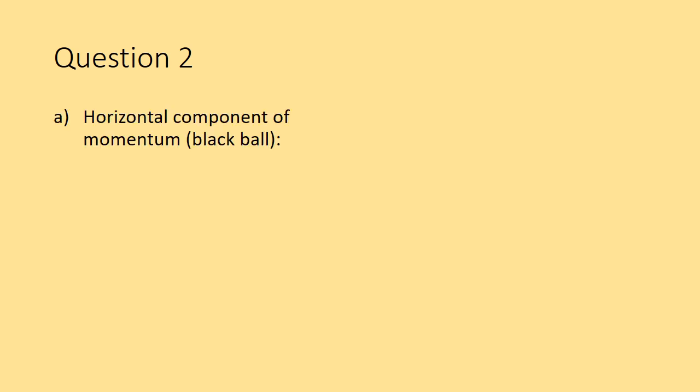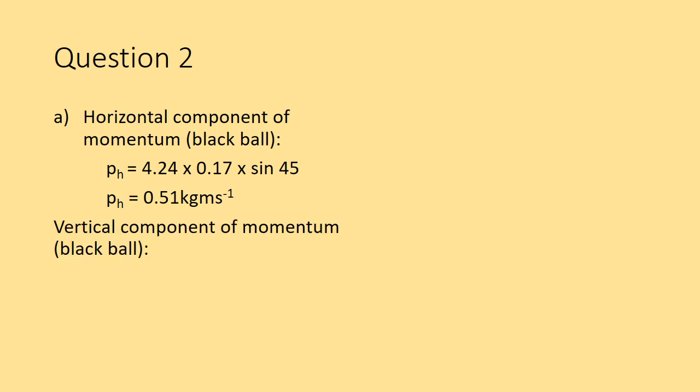The first thing to do is break down the components of the momentum of the black ball. So let's start with the horizontal component. We know that momentum is 4.24, that's its velocity, multiplied by its mass, 0.17, multiplied by the sine of 45, because that's the angle it's moved off at. And this gives a momentum of 0.51 kilograms meters per second.